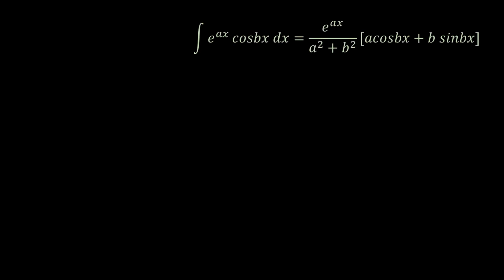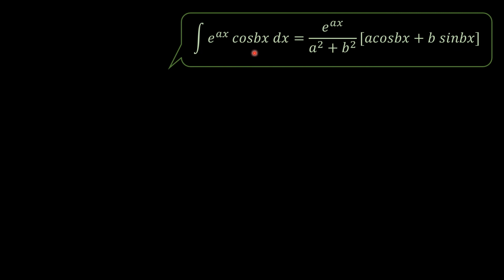To solve this integration, we use the formula: integration e raised to ax cos of bx dx is equal to e raised to ax divided by a square plus b square into a cos bx plus b sin bx. Here our a is minus 1, b is lambda and x is v. So replace those values.